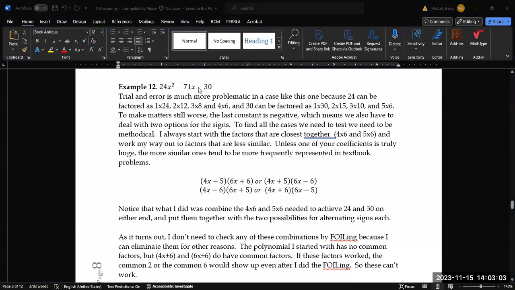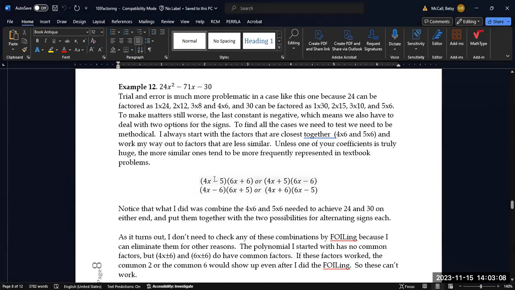Now, in this case, the 30 is negative. So what that tells us is that our factors are going to have different signs. One will have to be positive, one will have to be negative. And so in addition to matching the 71, we will also have to match the sign. Is it positive 71 or negative 71?